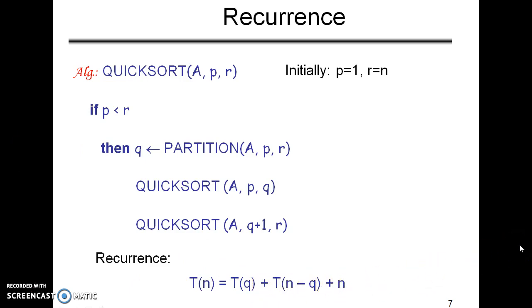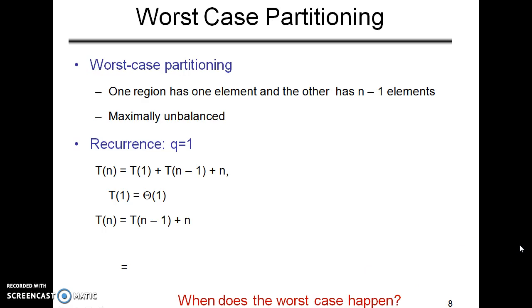Depending on the selection of the partition position, the complexity will vary for quicksort. For worst case partitioning, one region has one element and the other has n minus 1 elements.